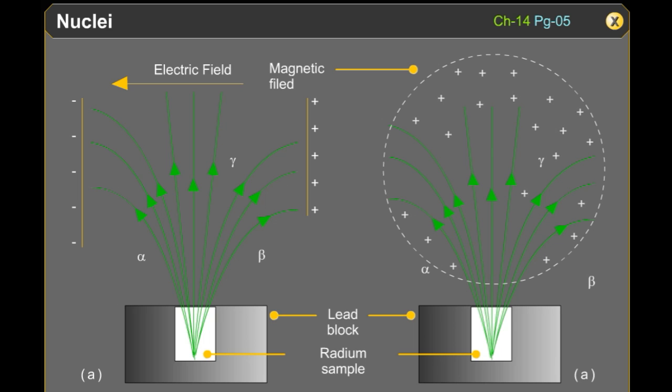The gamma rays remain undeflected. Thus, we conclude that alpha rays consist of positively charged particles, whereas the beta rays consist of negatively charged particles, and the gamma rays were undeflected. They could be waves or uncharged particles.